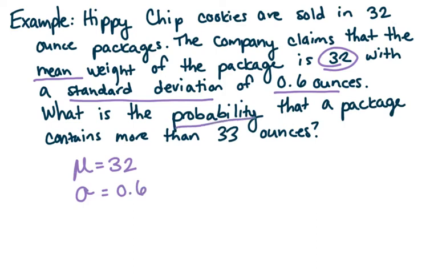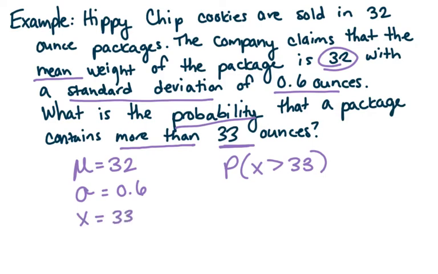What is the probability that a package contains more than 33 ounces? That already tells me I'm going to have to subtract from 1 if I'm using my z-chart. So I'm looking for the probability that x is bigger than 33, and the x I'm going to use in my z-score formula is 33.